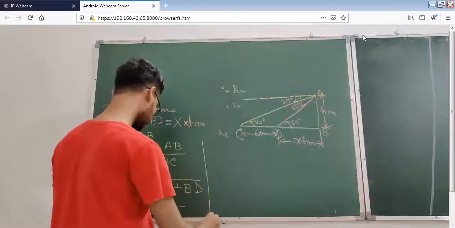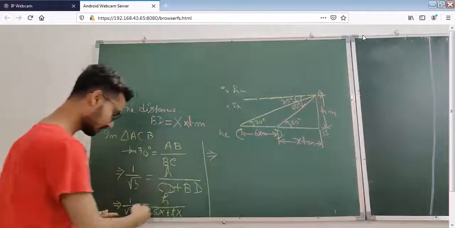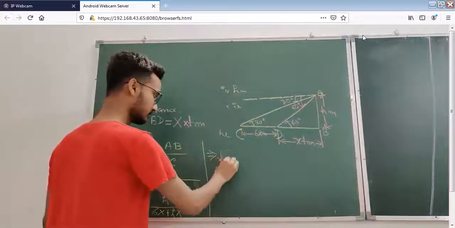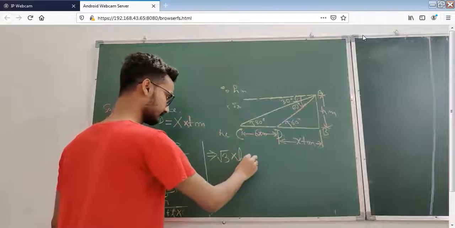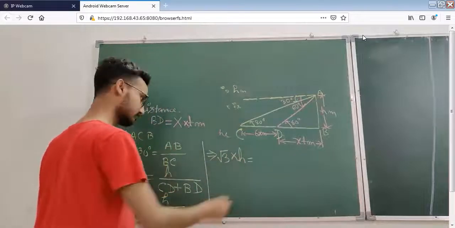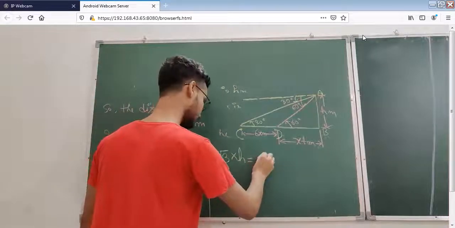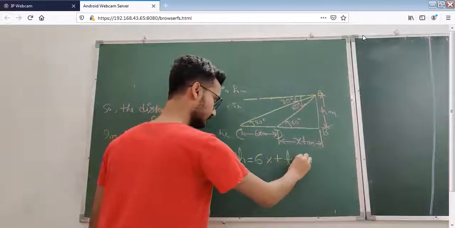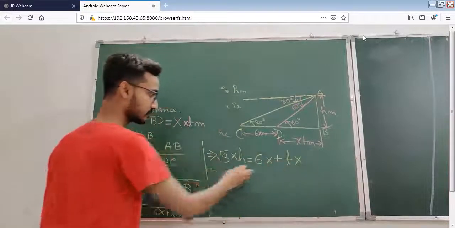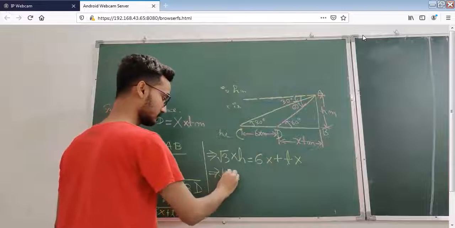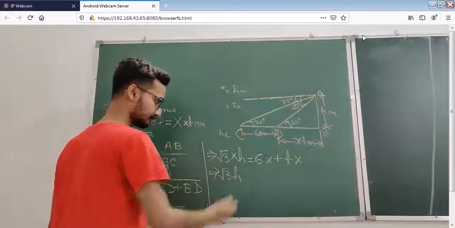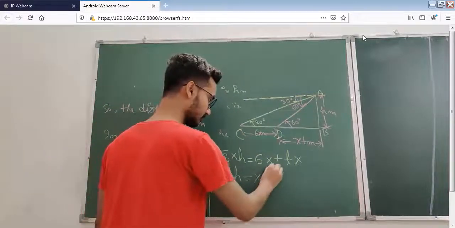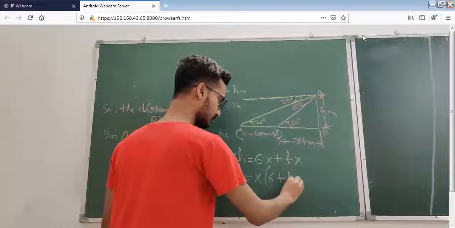Now see, if you cross multiply it, it will be root 3 into h equal to 6x plus tx meter. Now from here you can take x common. That means root 3 h equal to x into 6 plus t.